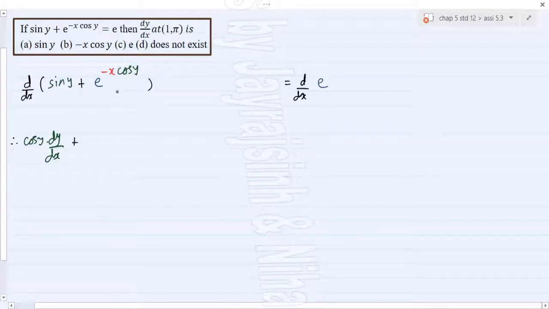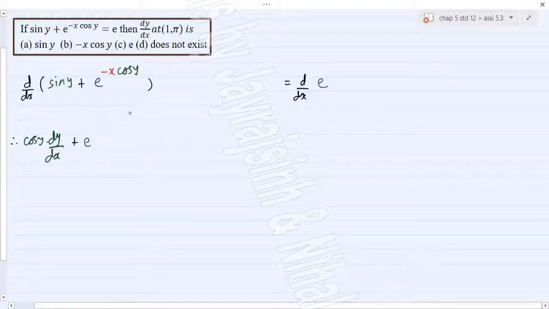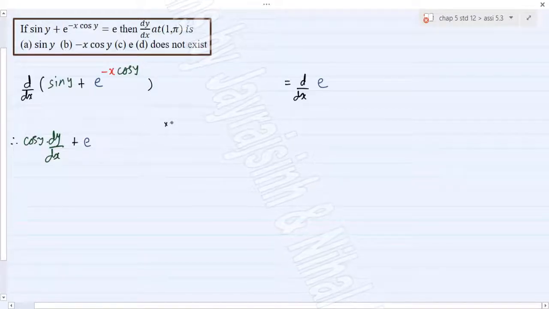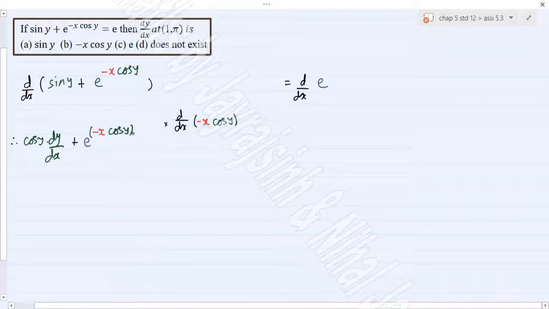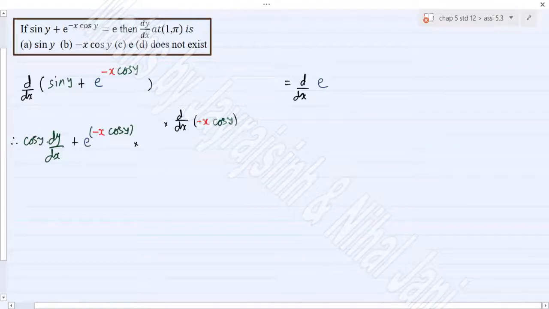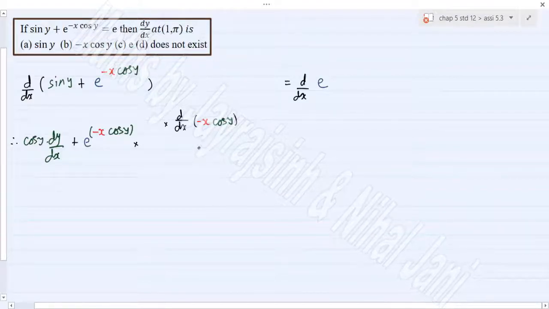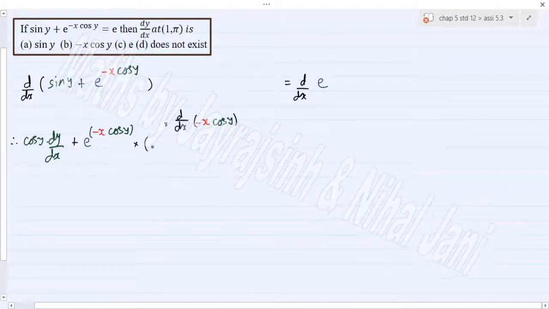We just have to differentiate e raised to box, which is simply e raised to box into d by dx of box. Within the box, we have minus x cos y, which is the product of minus x and cos y. To differentiate it, we have to apply the multiplication rule.